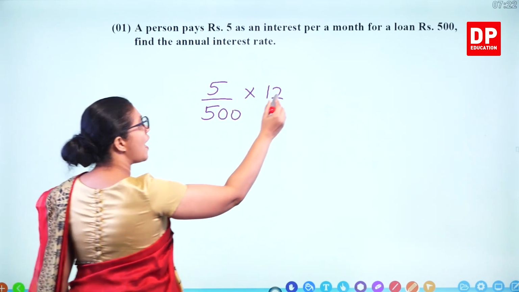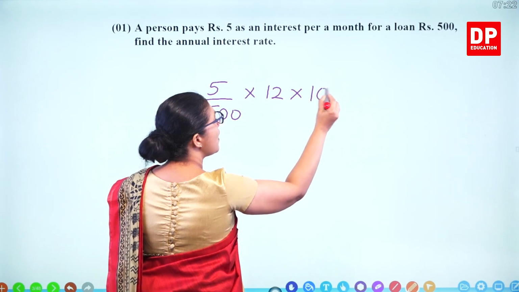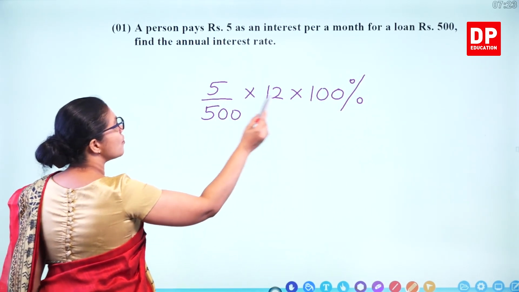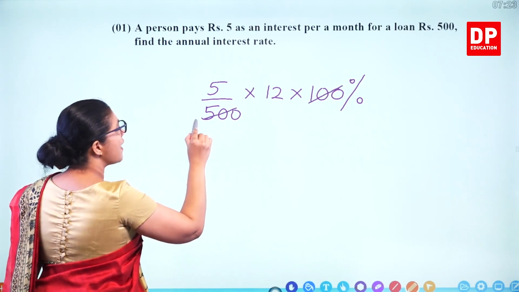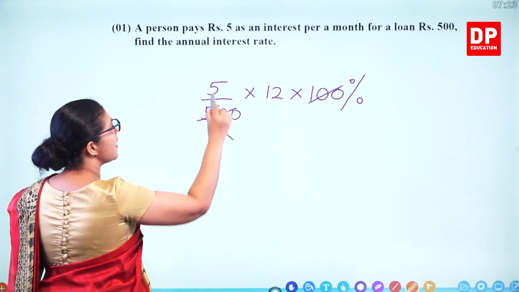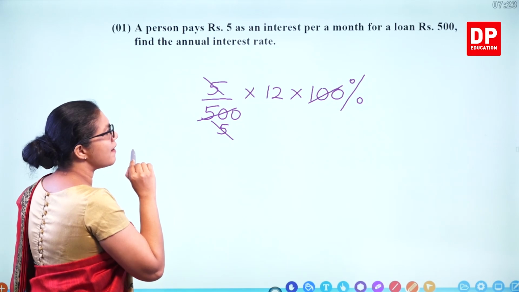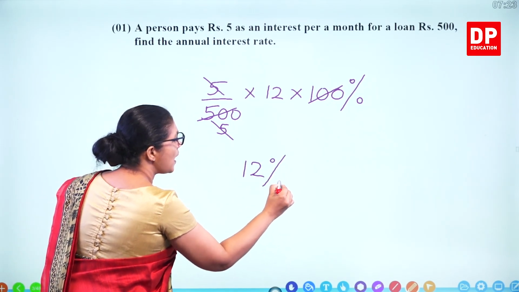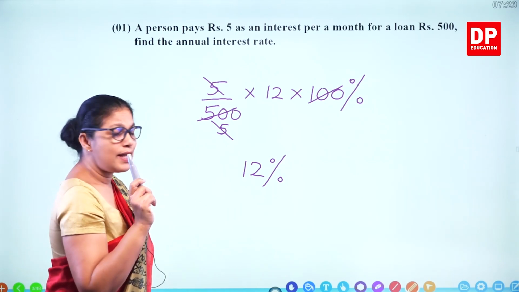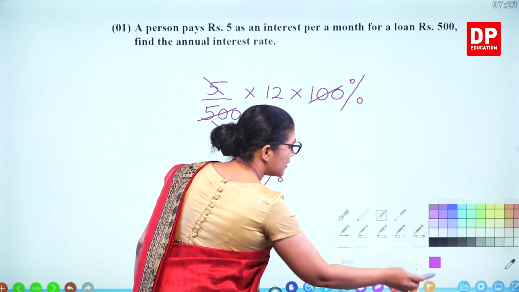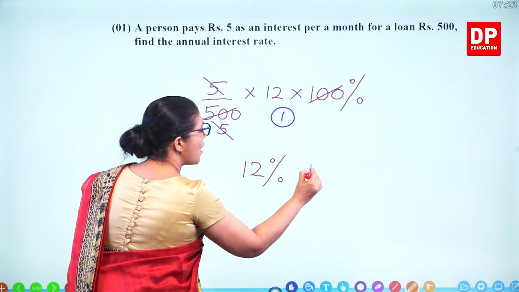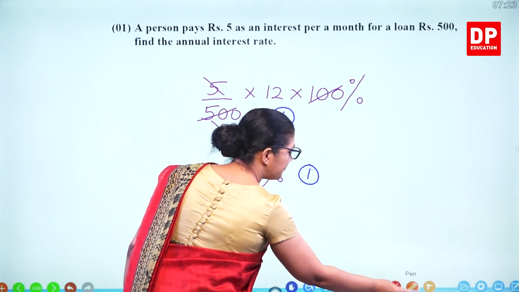So we need to find out the 100% value. So 100 times 5, and this 5 gets cancelled out with this 5. So you get 12%. 12% is the annual rate. So you get 2 marks. 1 mark for the method and 1 mark for the answer.